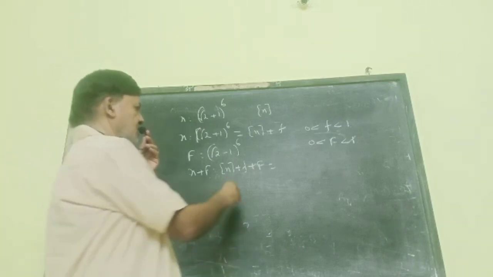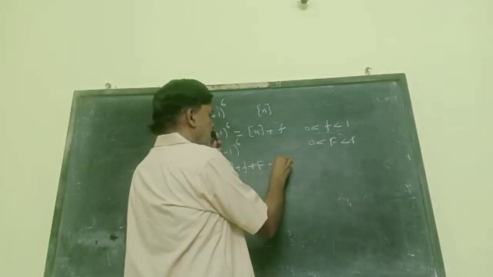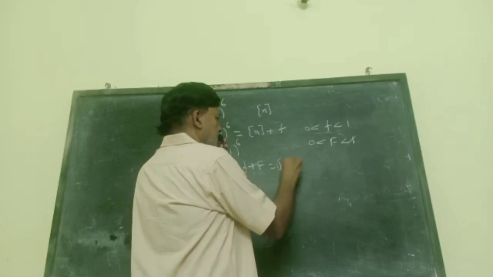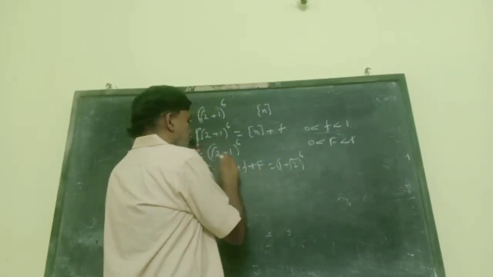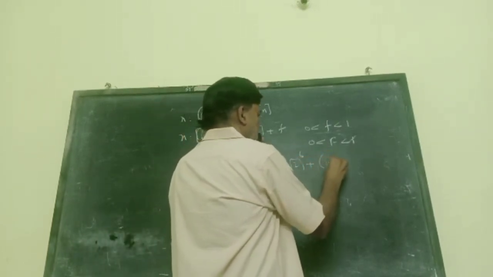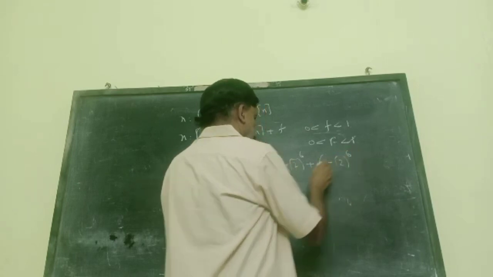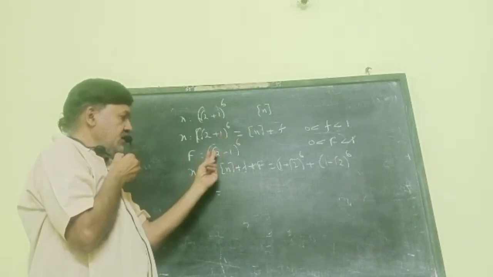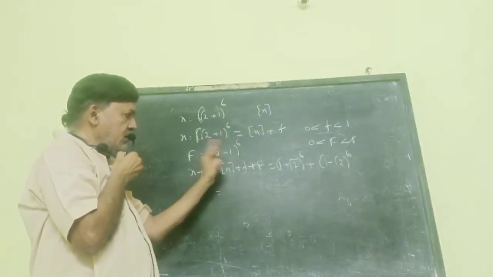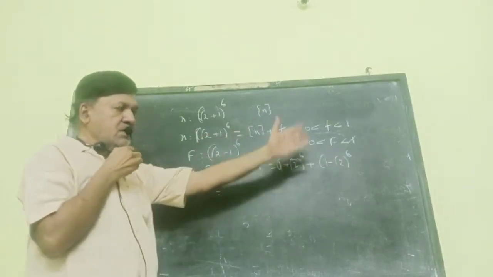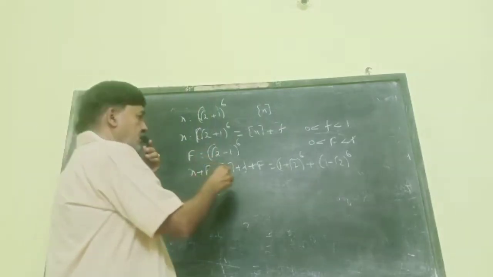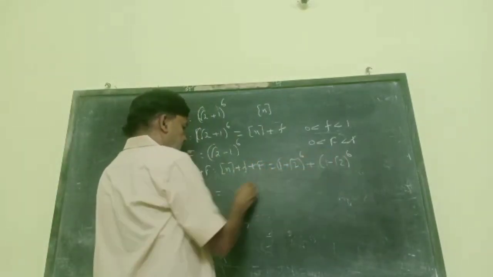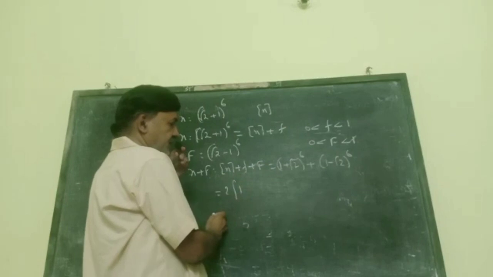Okay, no problem. This can be written as 1 plus root 2 whole power 6, plus 1 minus root 2 whole power 6. Since this is even, whether root 2 minus 1 or 1 minus root 2, it makes no difference. So I can write like that. Now when I expand 1 power 6, it comes 2 times.